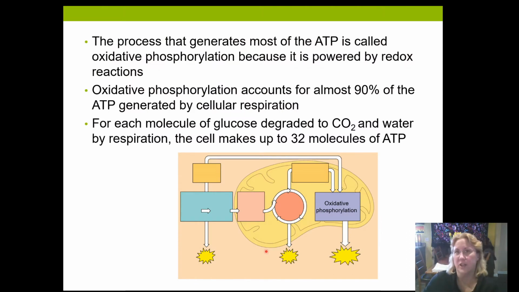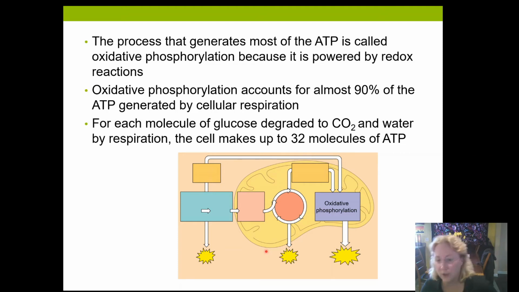The process that generates most of the ATP during respiration is that last step, oxidative phosphorylation. Oxidative phosphorylation is about 90% of the ATP that's generated. That's why when we don't have oxygen, ATP production quickly falls off, because that's where most of it is coming from.